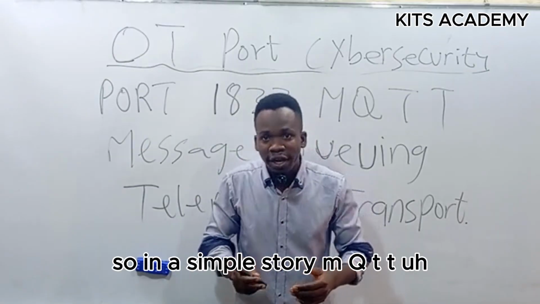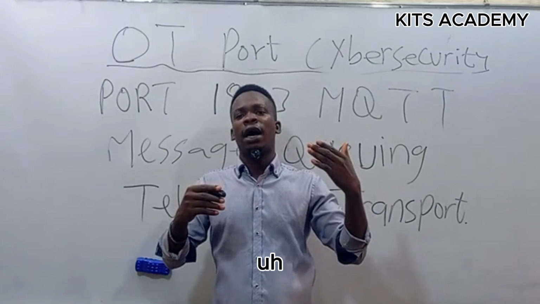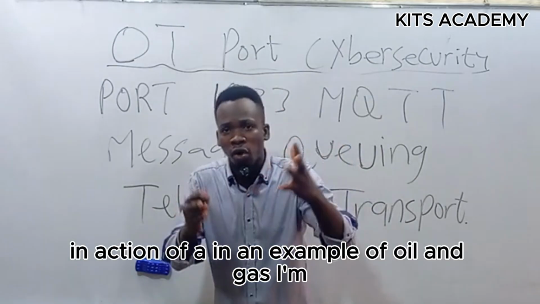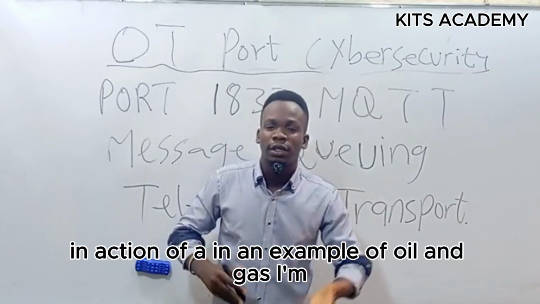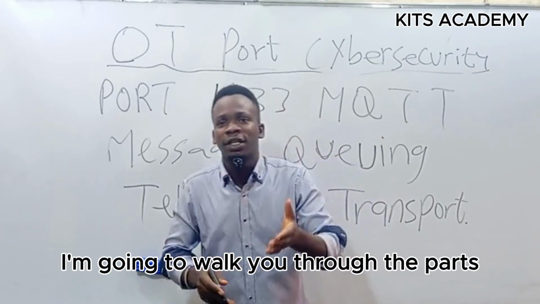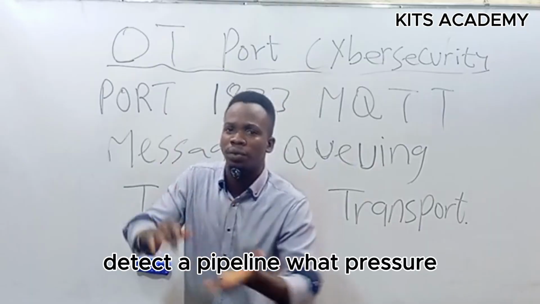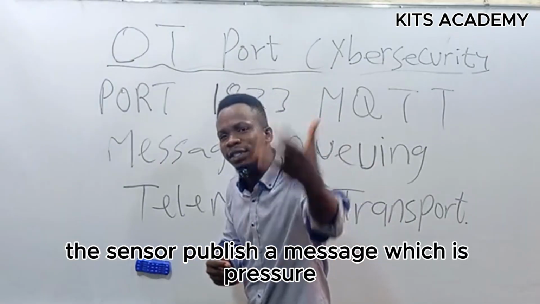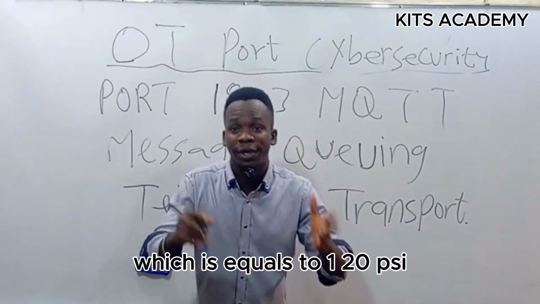So in a simple story, here is MQTT in action in an oil and gas example. A pressure sensor detects the pipeline pressure. The sensor publishes a message, pressure equals 120 psi.